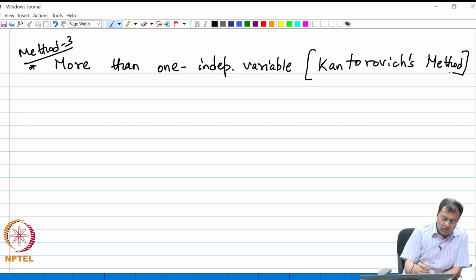So, what exactly is the Kantorowicz method? It is an extension of the Ritz method. For example, we have a function of two variables.